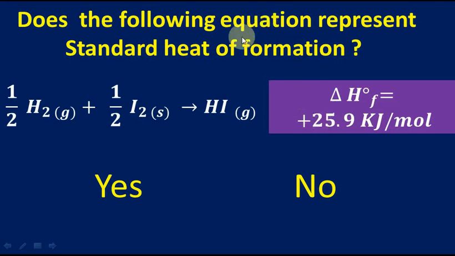But in heat of formation, delta H may be positive or negative. It doesn't matter. Half H2 plus half I2 gives 1 mole of HI from its elements, H and I, yes. And delta H positive or negative doesn't matter. So the answer is yes. Very good, excellent.